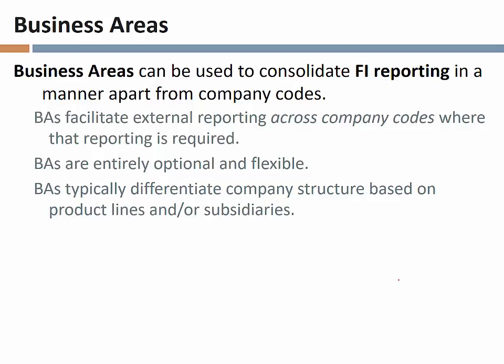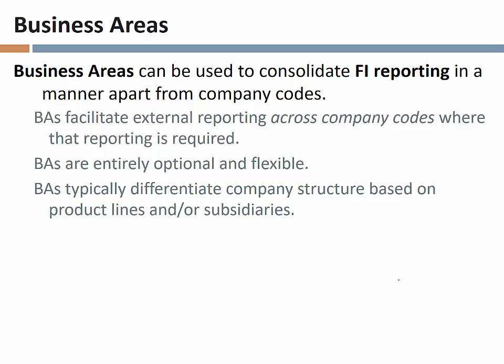So we go through and say, this portion of this company is child-related, and this portion of this is child-related, and we designate that. Now we could generate a report on all of our child-related activities as it spans across distinct company codes in our overall conglomerate. That's what we can do here with business areas.